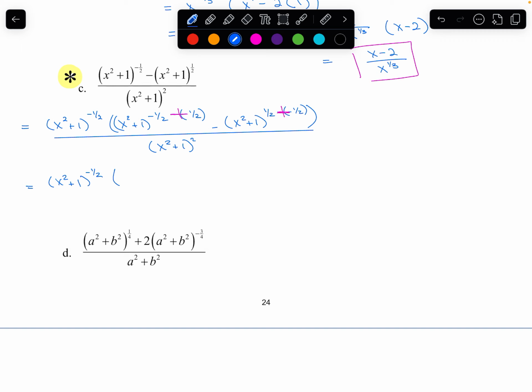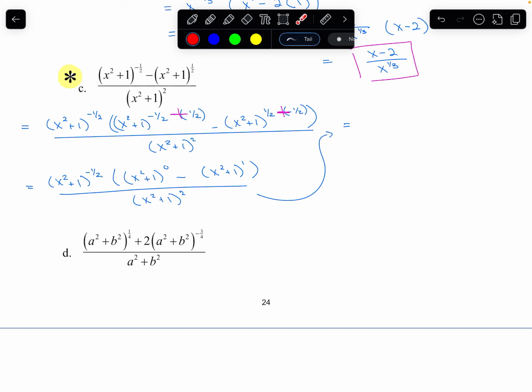When I have negative 1/2 plus 1/2, that's x squared plus 1 to the 0 power. On the other one, I have 1/2 plus 1/2, so that's x squared plus 1 to the 1 power, or 2 over 2, however you want to think of it. Still over x squared plus 1 squared.